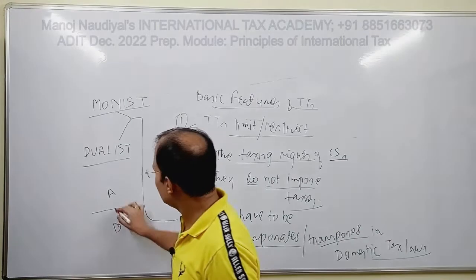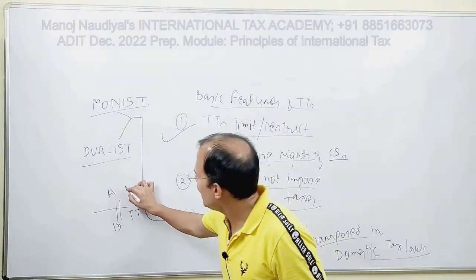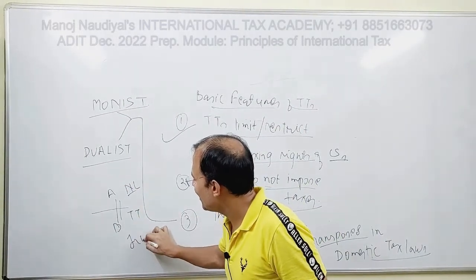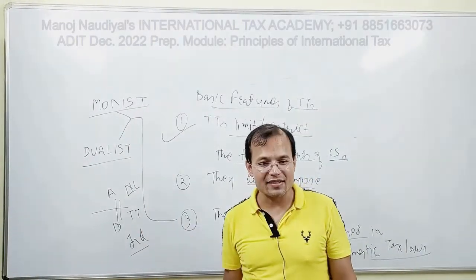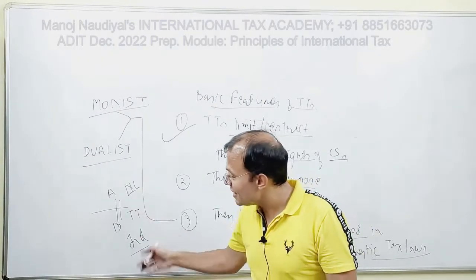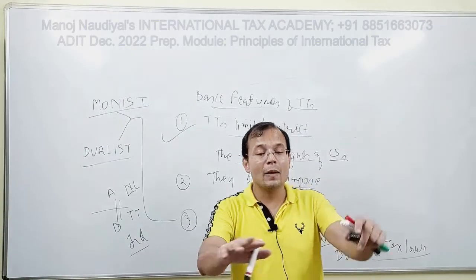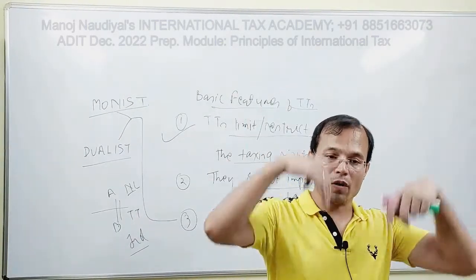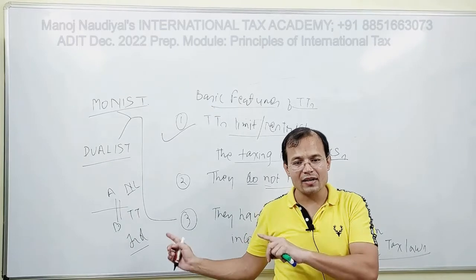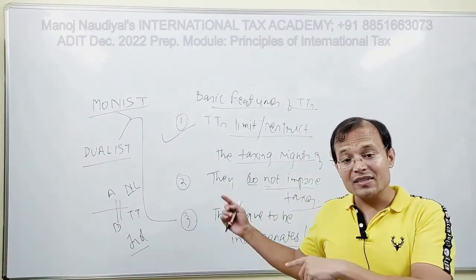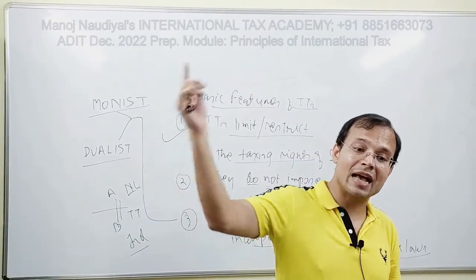A and B enter into a tax treaty. A is Netherlands, B is India. As soon as Netherlands enters into this tax treaty with India, this tax treaty automatically becomes a part of Netherlands domestic tax law.